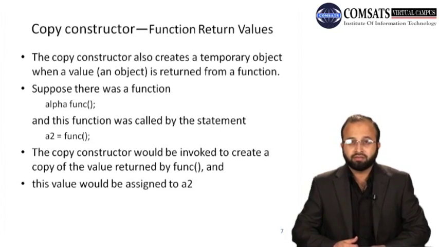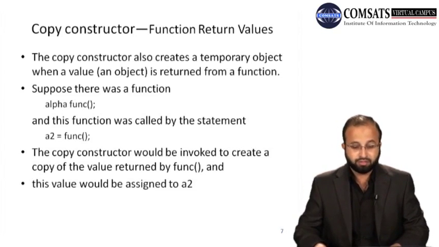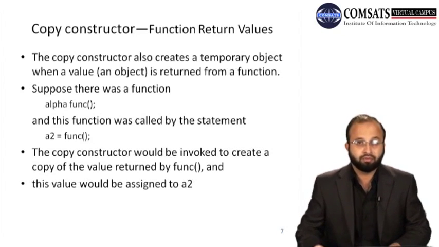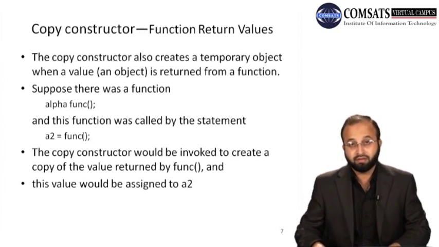The third point is when you are returning an object by value from a function. Okay, so these are the three points at which your default copy constructor is invoked. We will see the copy constructor in detail within the topic of polymorphism, after virtual functions, right?